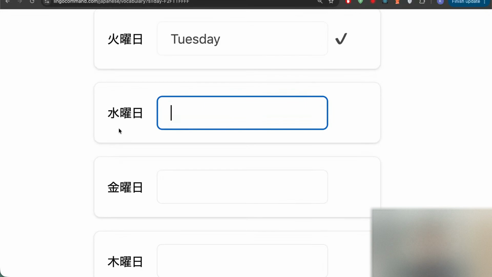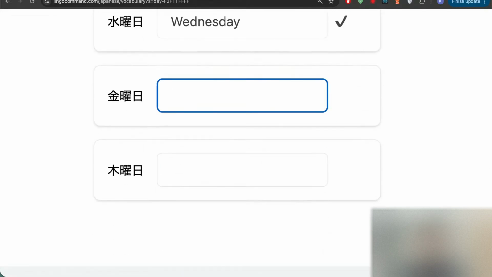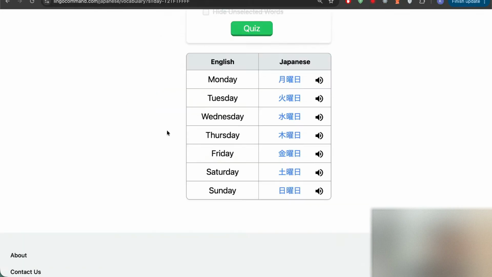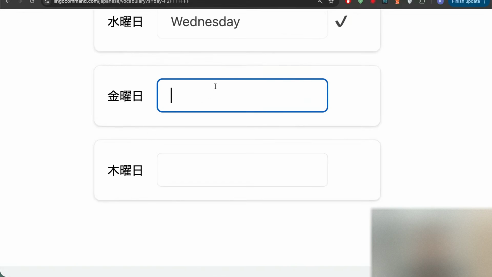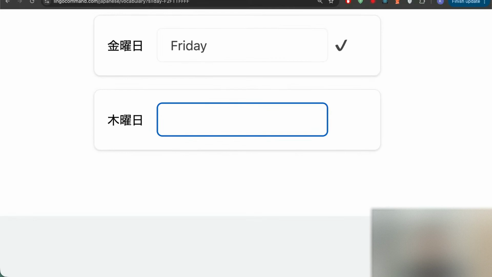This strange kanji is Wednesday, suyobi. And this kanji here that looks like a kind of house. Oh, so its furigana would be kinyobi. Let's just confirm that. Fantastic. Yeah, so its reading is kin. This is kinyobi. It's Friday. And then this here is moku, mokyobi, Thursday.